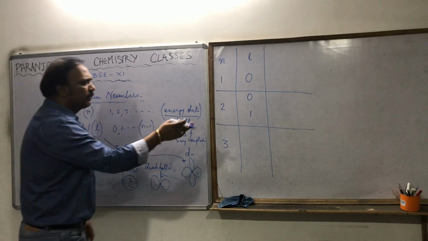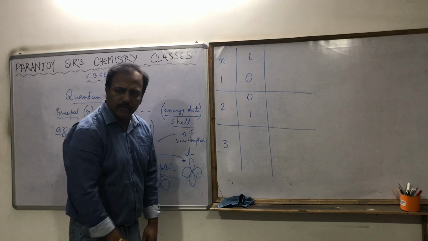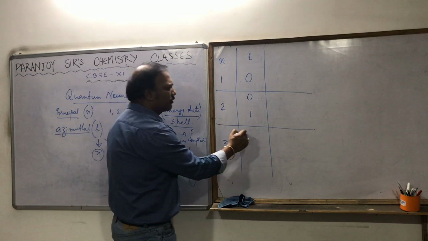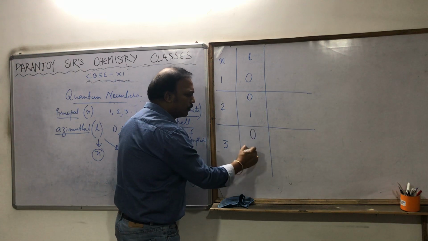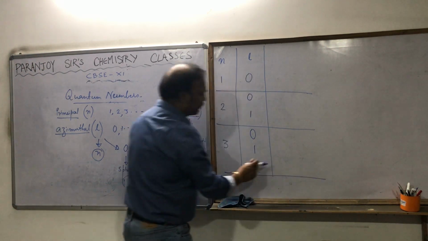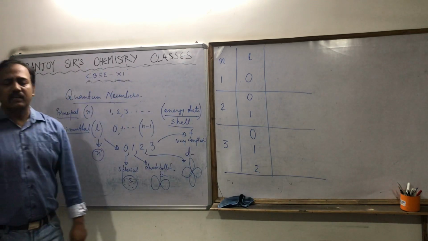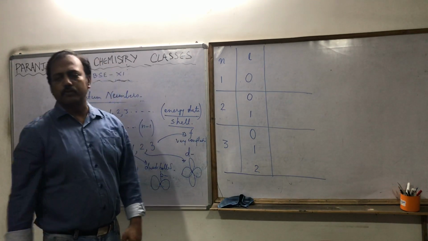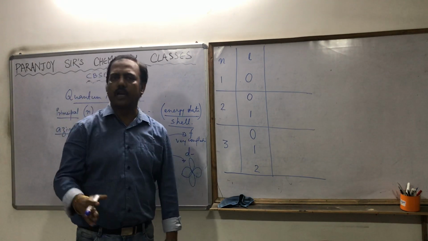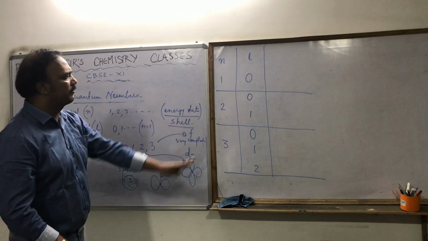If n is equal to 3, now hope you understood that, what are the possible values of L? The possible values of L are 0, 1 and 2, because n minus 1 should be 2. So starting from 0 and ending at 2, that means 0, 1 and 2. These are the possible values.